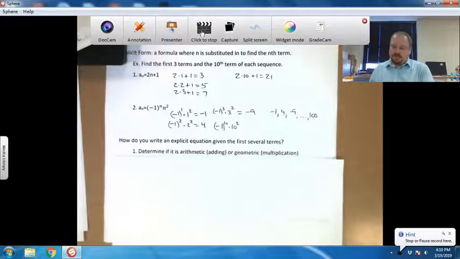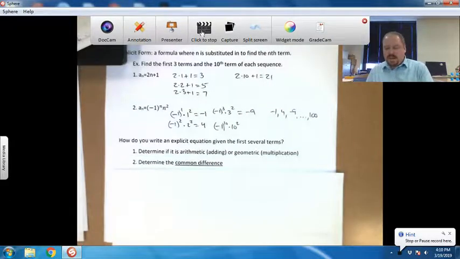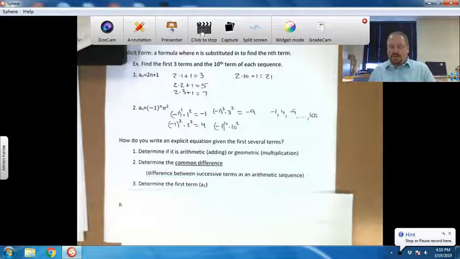Step 2, if it is arithmetic, what is the common difference? So in other words, what do you have to add or subtract to get to the next number? And then lastly, because you are actually sometimes asked to find this given other information, they want you to determine the first term.